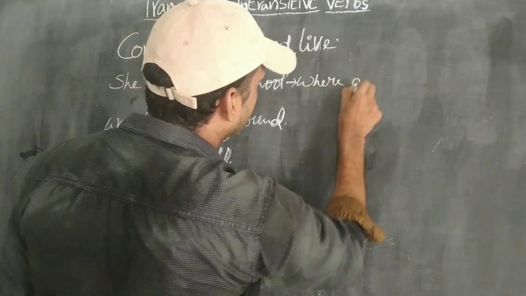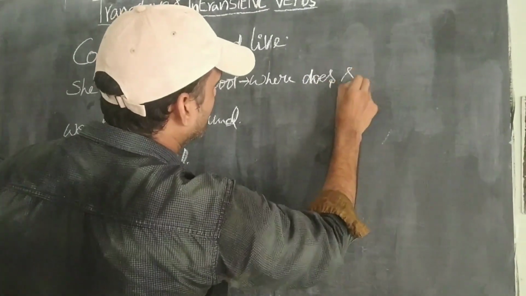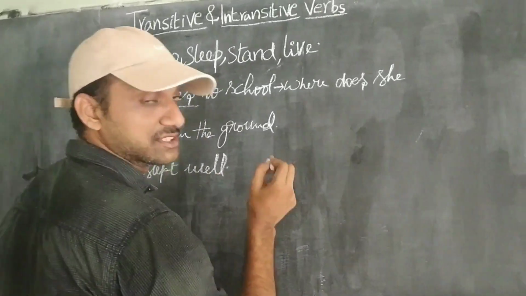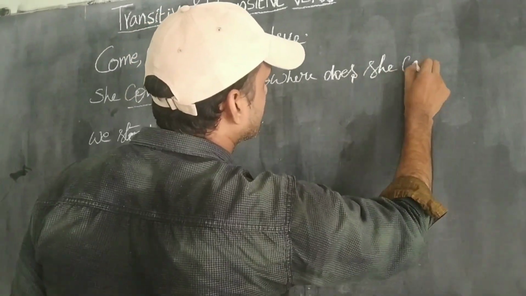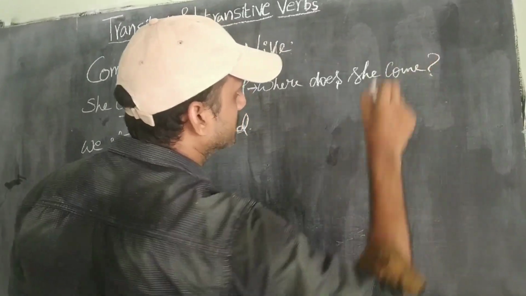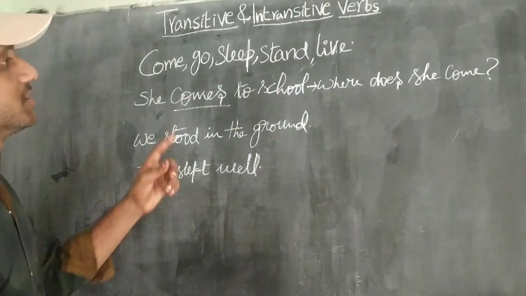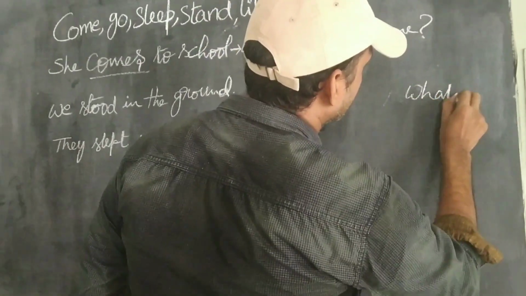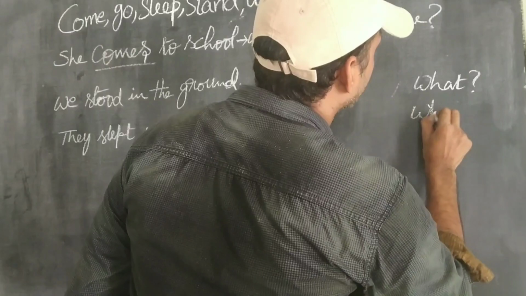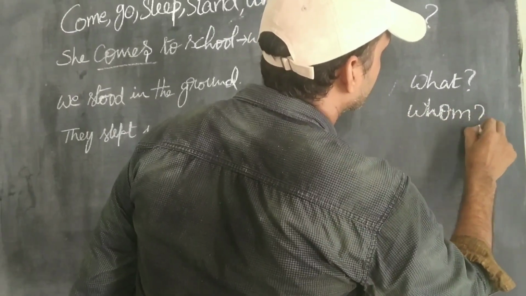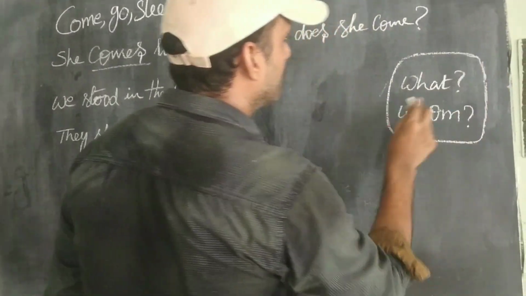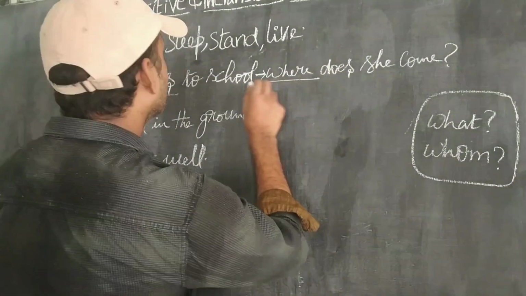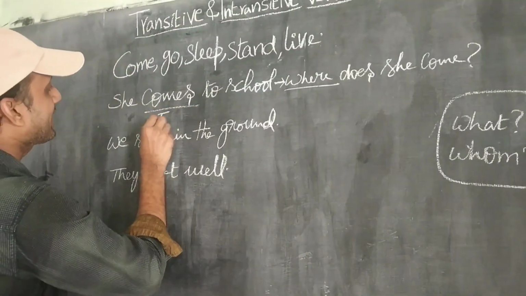Where does she come? Why are we using does here? Comes in the sense V5, simple present. Where does she come? She comes to school. Already I told you, what or whom? Can we see any one of these? No. So it comes under intransitive.